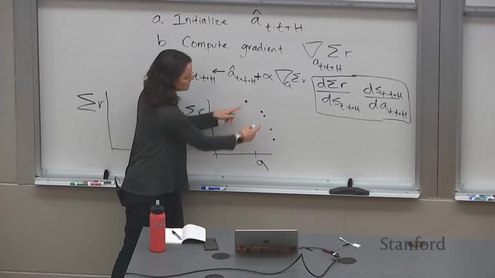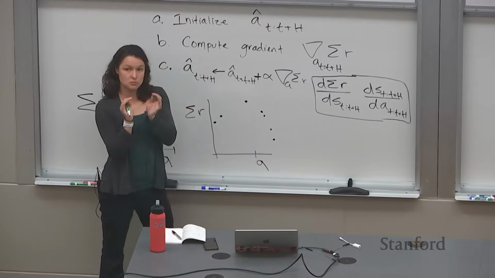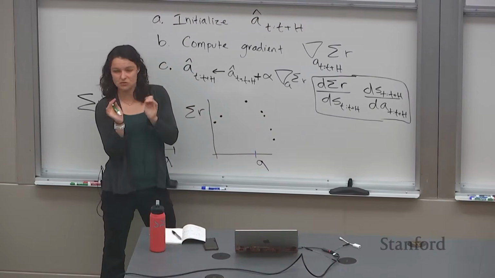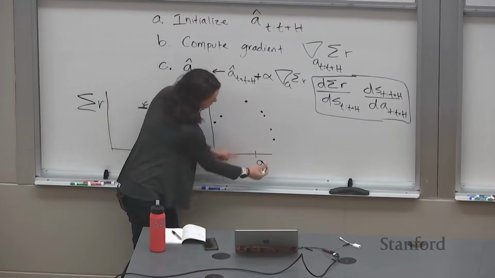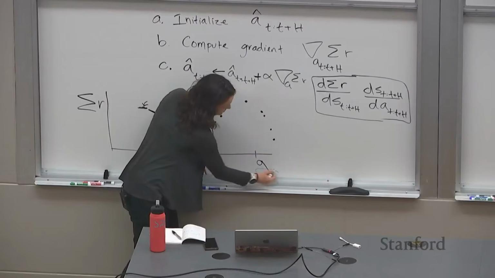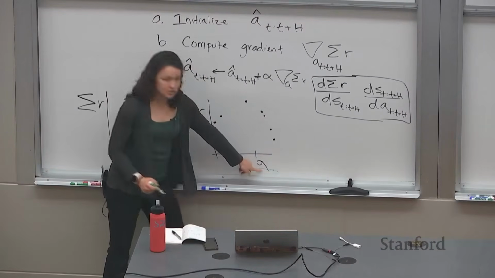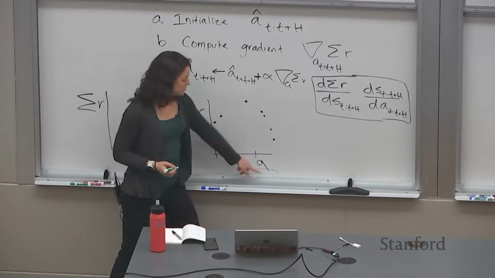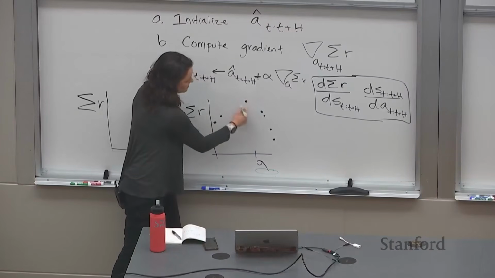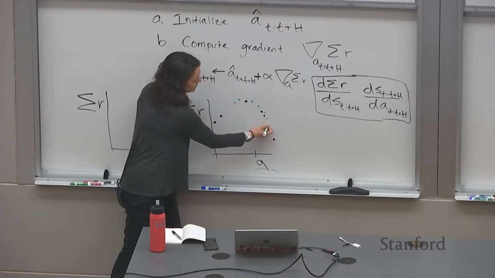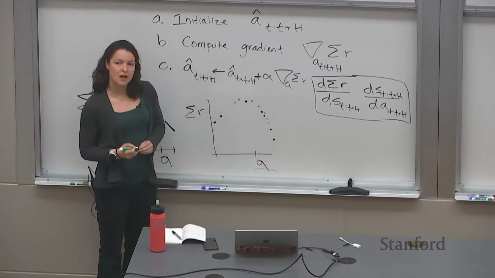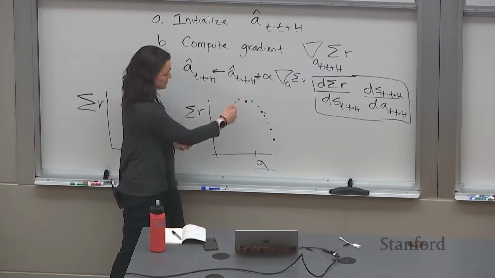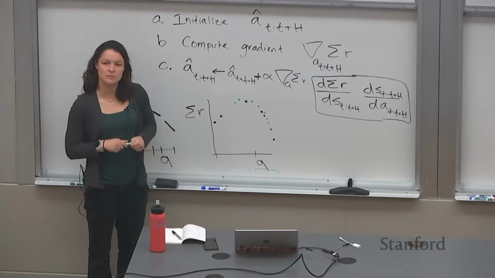We could take the ones that were the best, fit some kind of simple distribution over those, like a Gaussian, and say, okay, these were the best actions, so maybe we sample more from the actions here. Then we do another round of sampling from that new distribution, where now you're sampling more from this distribution. When you sample for a second round, maybe you get samples that look like this. And that allows you to hone in on what a good action might be.